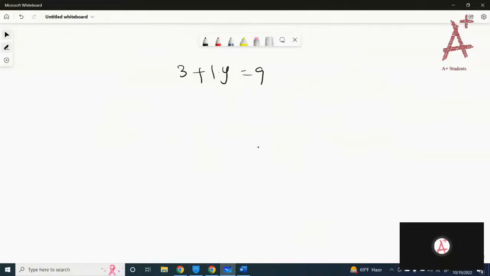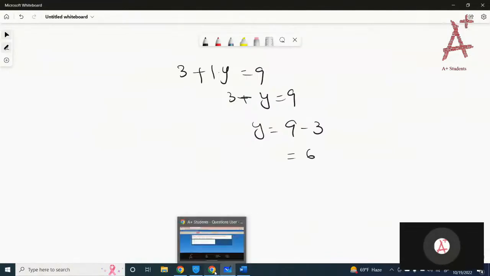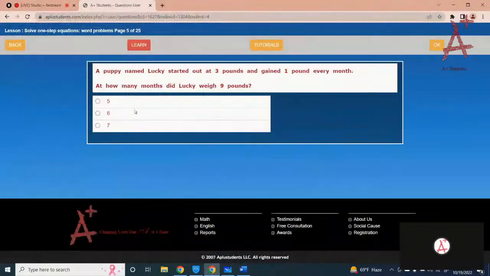Got it? So 1 times y is y, and that equals 9. So you need to shift that 3 to the other side. It would be y equals 9 minus 3, and it is 6. That means to reach 9 pounds, he has to wait 6 months. Got it?